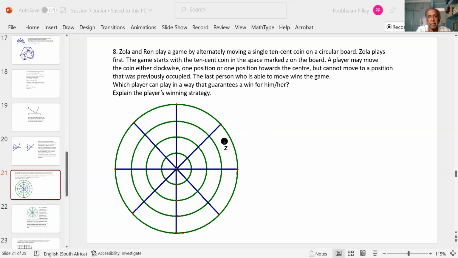Zola plays first. The question is which player can play in a way that guarantees a win. So there must be some strategy.